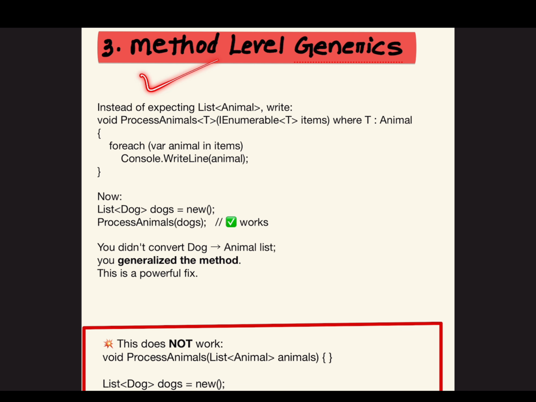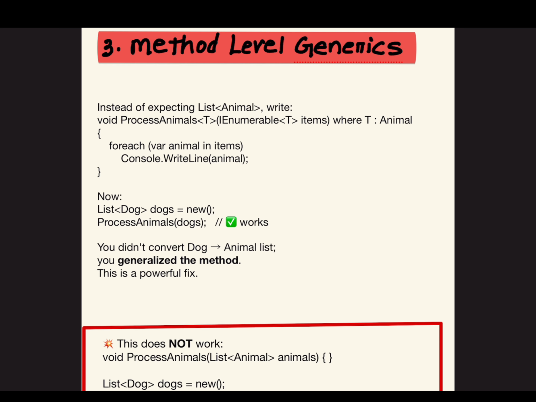Let's see the third way, method level generics. Here we have this IEnumerable and we have created a list of dogs. This list of dogs I can pass to IEnumerable because we have just seen that IEnumerable has this out keyword, that is covariant. So I can pass this list of dogs inside this, where T is supposed to inherit from Animal.